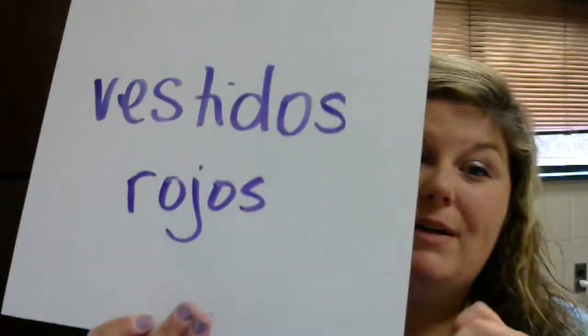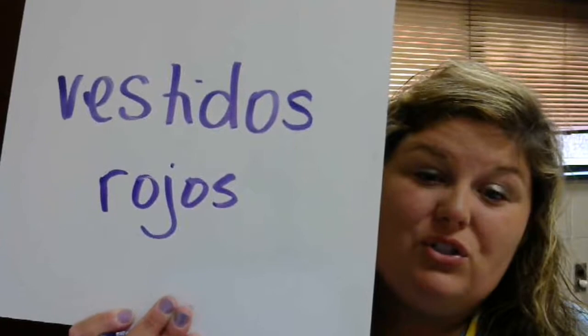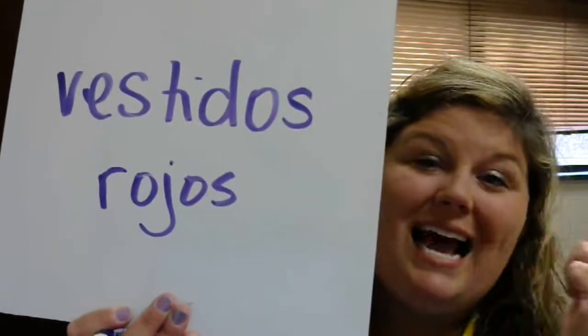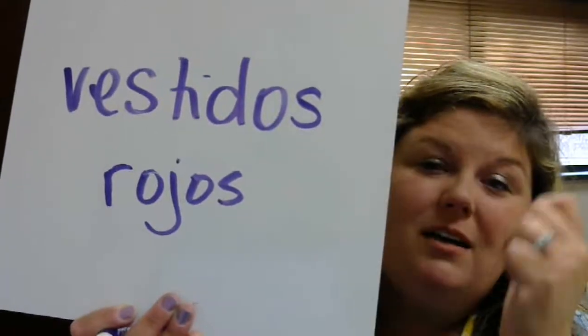So if we want to change from the singular, the red dress, to plural, red dresses, we need to change the adjective to be plural as well. So we're going to have vestidos rojos. This rojos has to be plural as well because vestidos is plural.